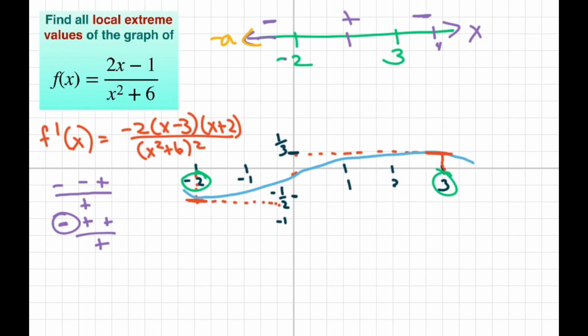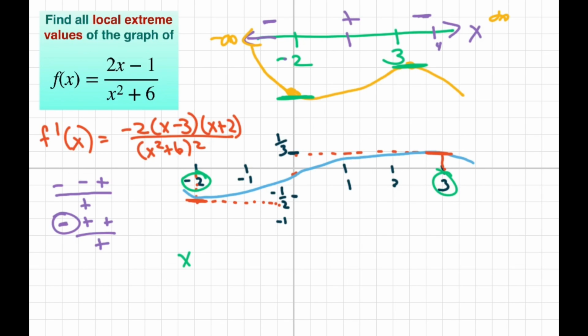From negative infinity to negative 2, we have a negative slope. And then from negative 2 to 3, we have positive slope. And then from 3 to infinity, we have a negative slope, so it's going down. So this means this is your minimum and this is your maximum.